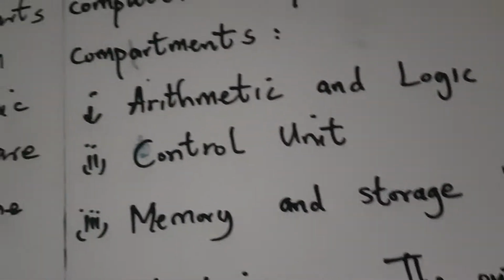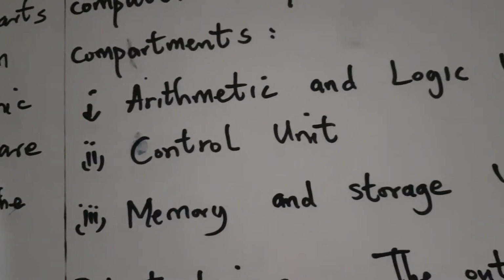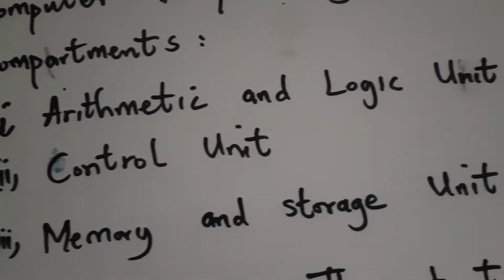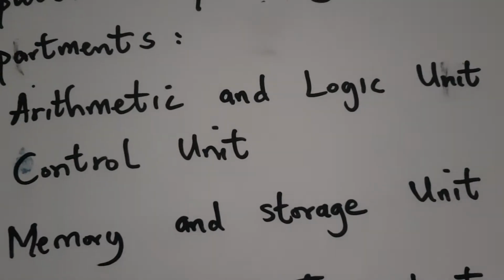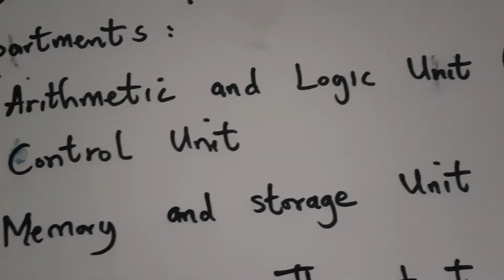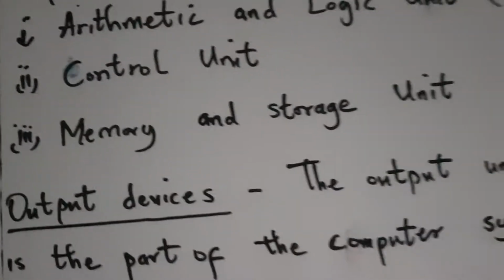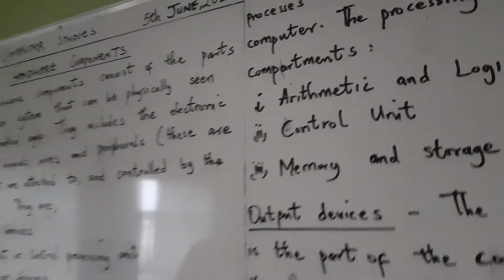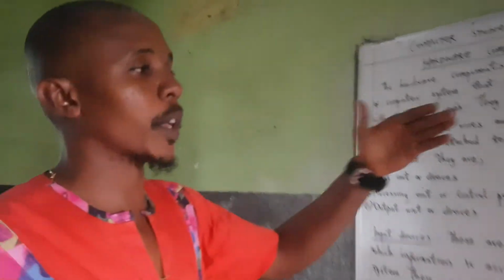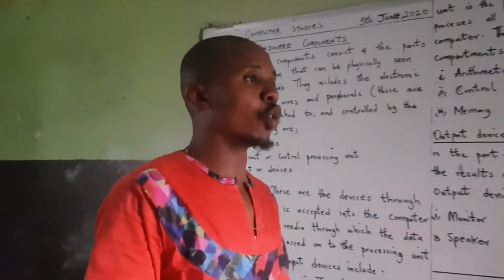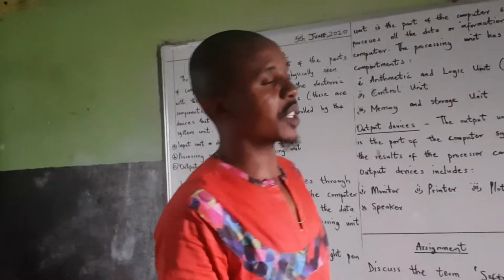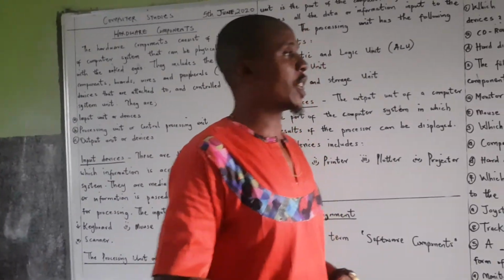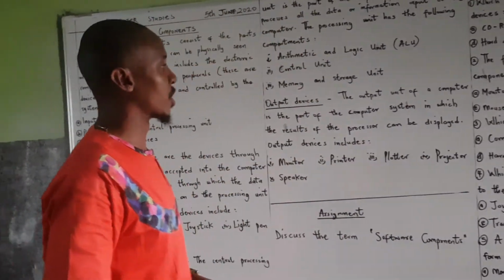While your control units control all the activities of the what? Of information being processed. It arranges the order in which the information being processed is being executed, and also helps to regulate the time it takes for any activity to be processed.